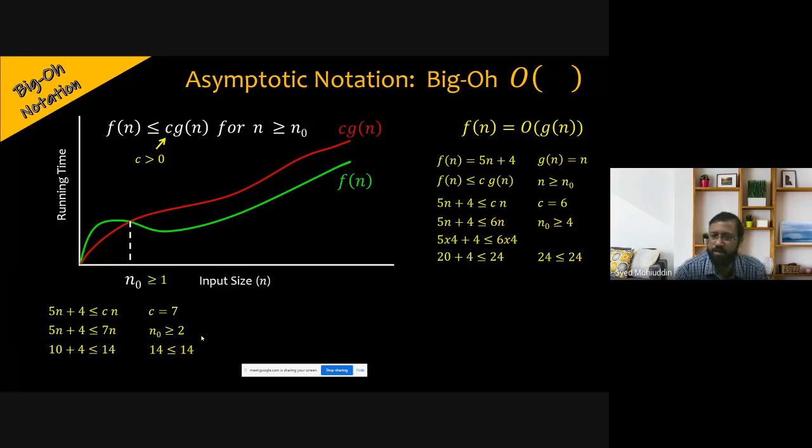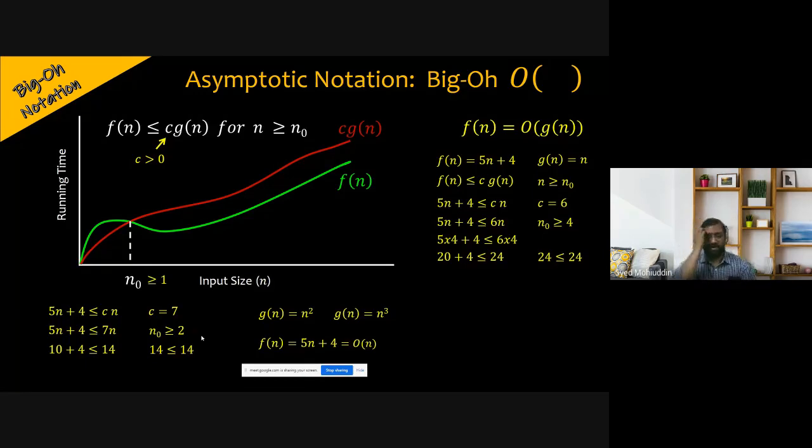That is, f of n is 5n plus 4 and g of n is n. I said that for a polynomial, the degree matters. Now let us consider g of n as n squared, or n cube. What will happen now?